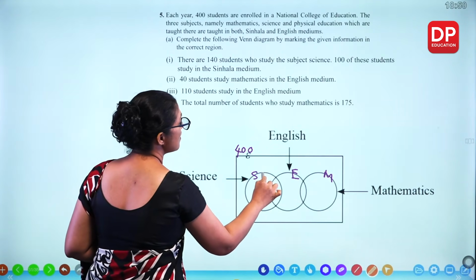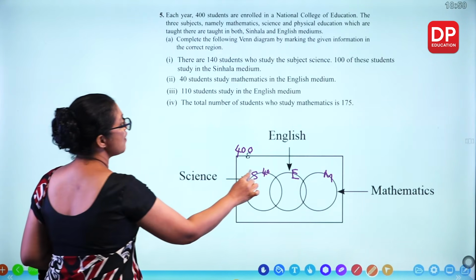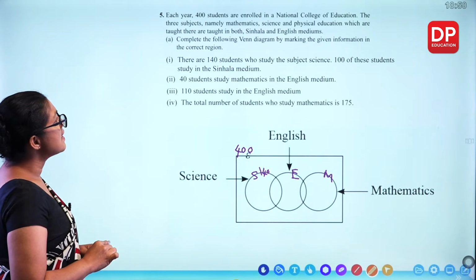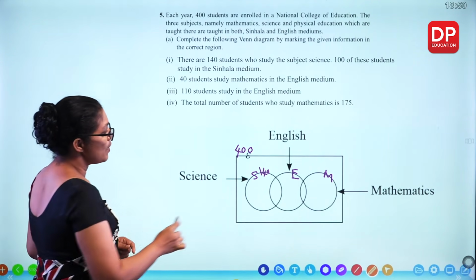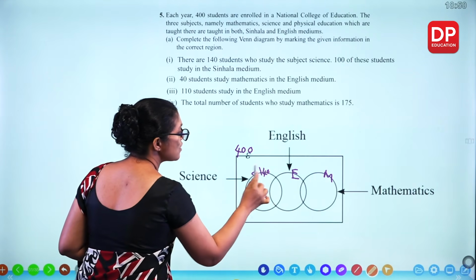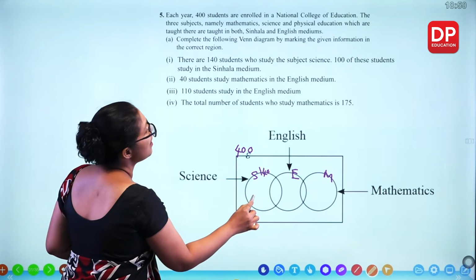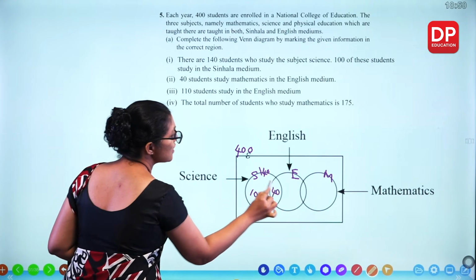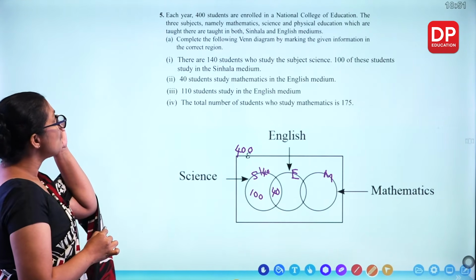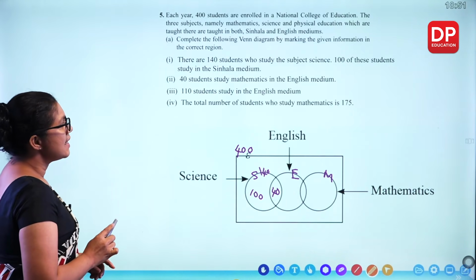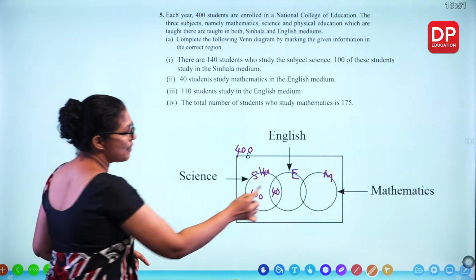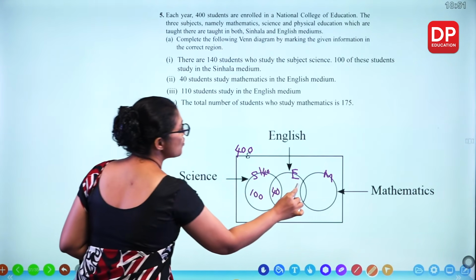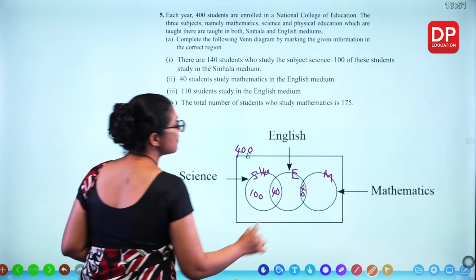So this is 140. 100 of these students study in the Sinhala medium. Now English medium is this circle, so outside that is Sinhala medium. How many? This is 100, so that means this is 40. 40 students study mathematics in the English medium. Mathematics in the English medium means intersecting these two, this is 40.